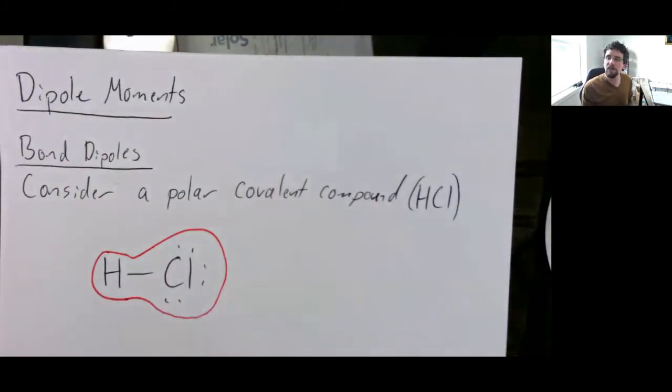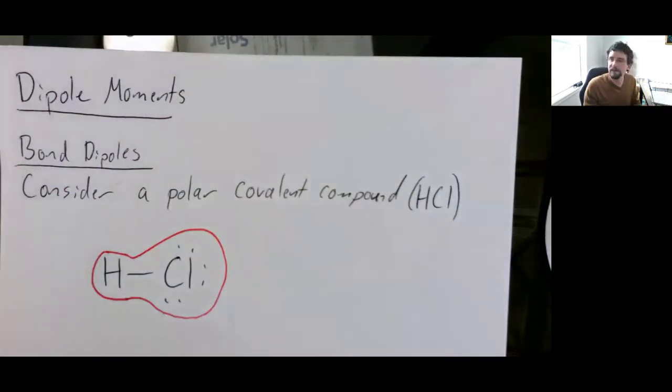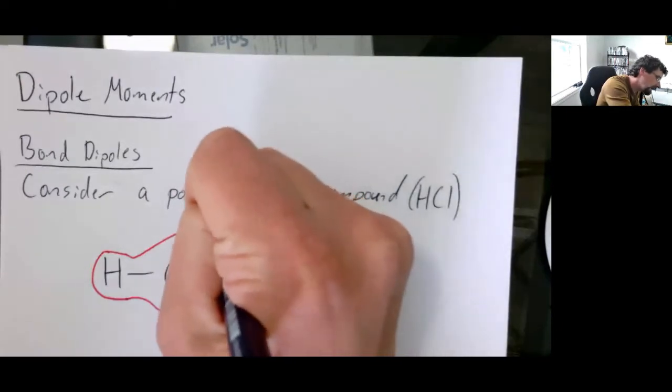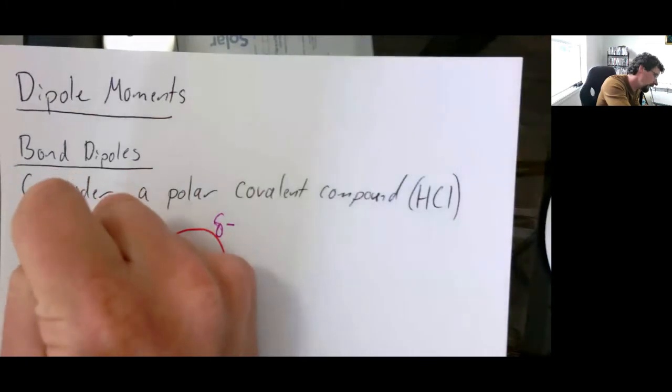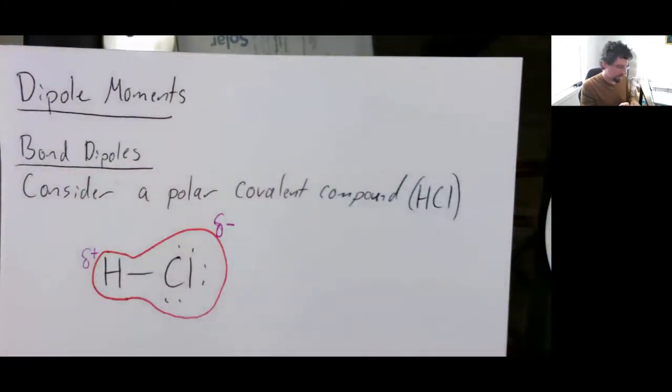But if we consider the electronegativity of these elements, we know that the electronegativity of chlorine is greater than that of hydrogen. So what ends up happening is that chlorine saps electron density away, forming a partial negative charge on the chlorine end of the molecule and a partial positive charge on the hydrogen end.